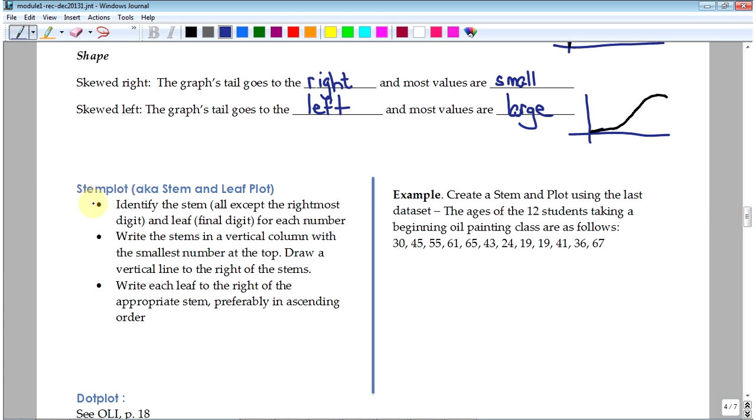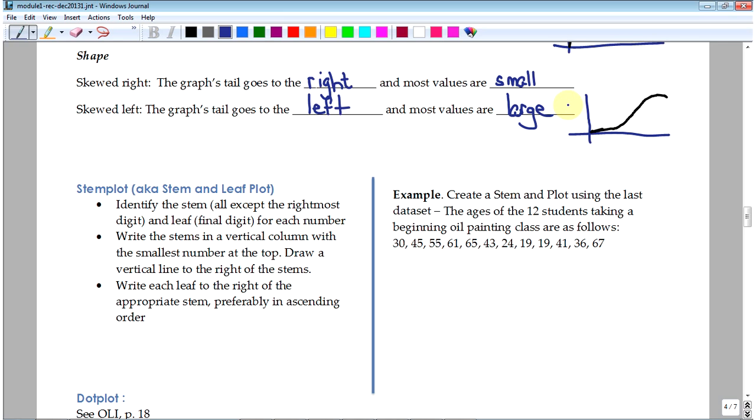Another way that we can represent quantitative data is by using a stem plot. With a stem plot or a histogram or a bar chart, you would be able to tell if your data is skewed left or right just by the shape of looking at it.